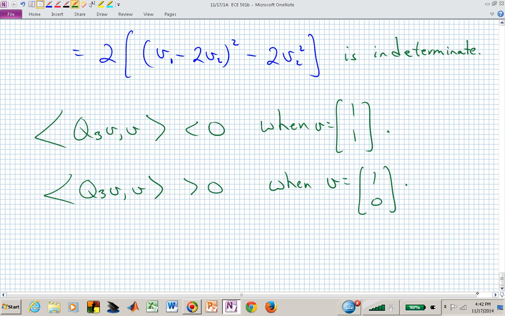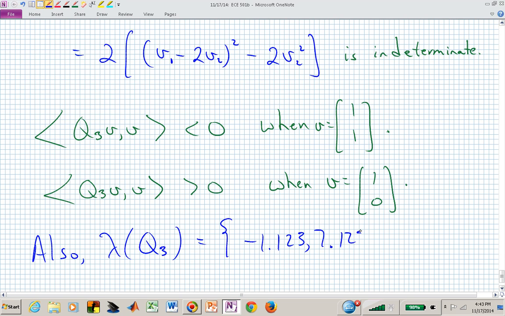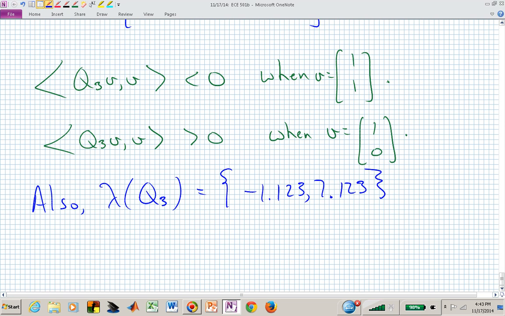So I can make that inner product have any sign I want by the choice of v. If we were to look at the eigenvalues of that original matrix Q sub 3, they would be minus 1.123 and 7.123. So by any of those statements we wanted, in particular the first two, we can now say that Q sub 3 is not positive.